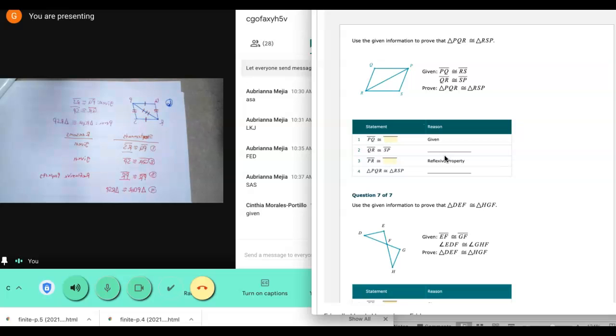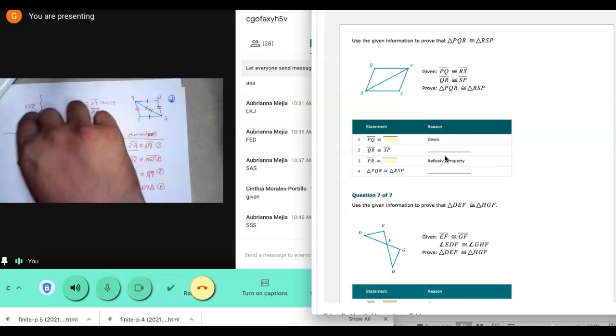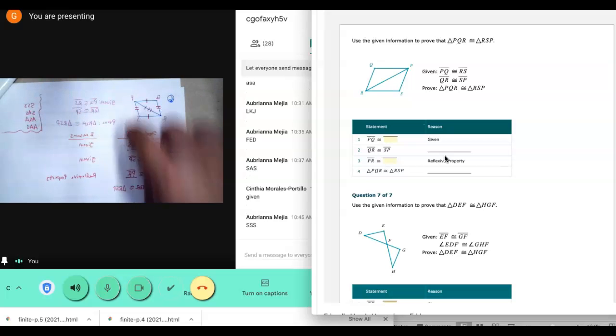Remember, side note here, you have a few different ones to choose from, right? You have side, side, side, angle, side, angle, side, angle, angle, angle, side. Which of these congruence theorems actually can be applied in this?